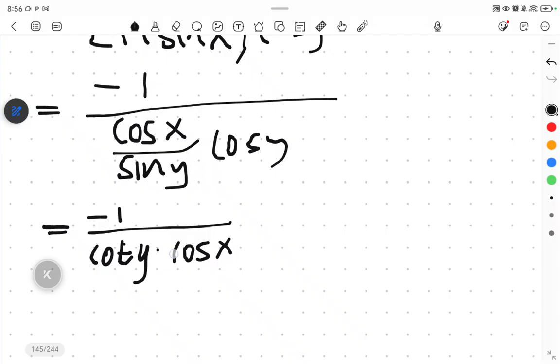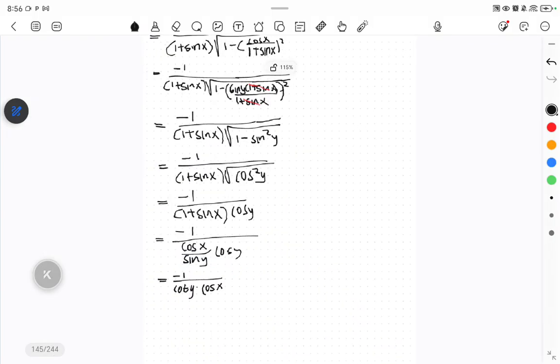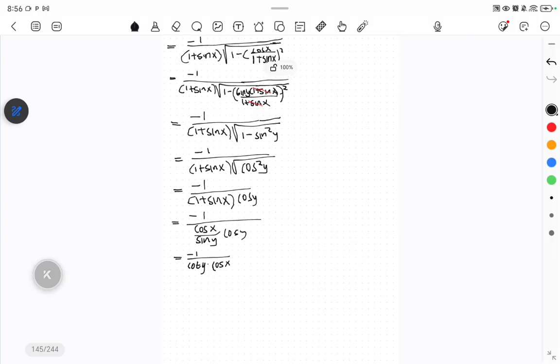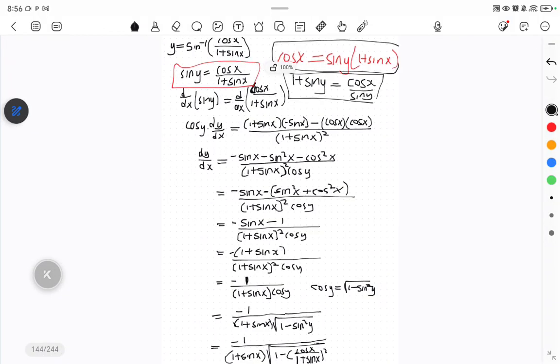Now the idea would be to get rid of this cos x, right? So let me check if there's an easier way. This one is too long because you have to think of an easy way out. So if I make cos x with the formula, we have sin y, 1 plus sin x. What is 1 plus sin x?